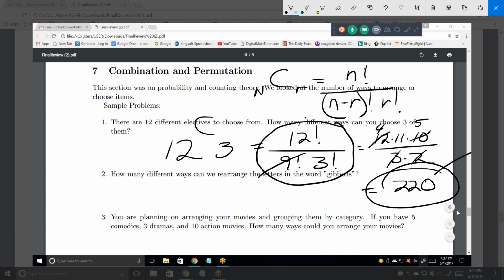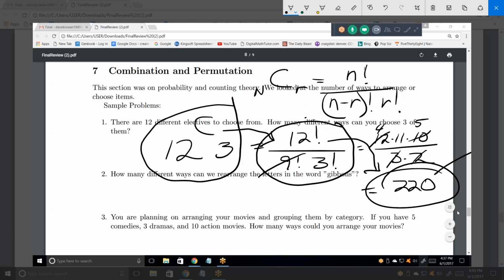You might have one meal that's turkey salad and pumpkin pie, and another meal that's chicken, french fries, and apple pie. But if you have 12 different choices and you can only choose 3 of them, it's 12 choose 3. So you need to be able to take that, put it into that formula, and then simplify it into a number.